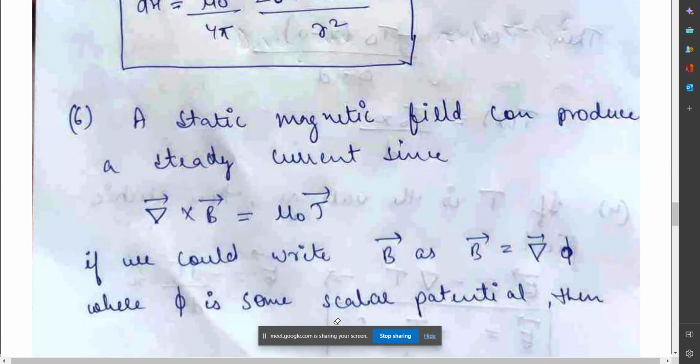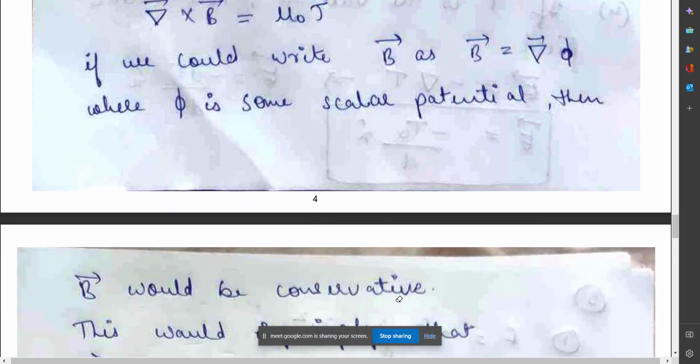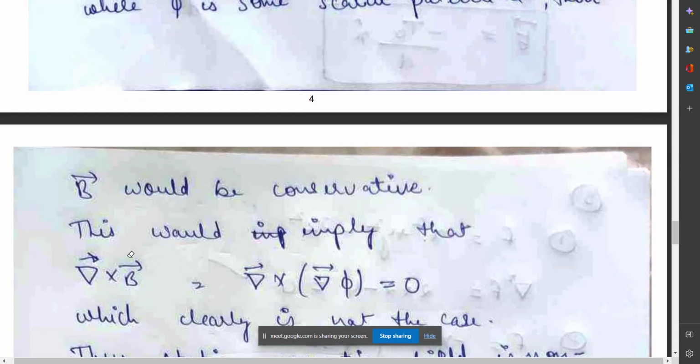So for question number 6, a static magnetic field can produce a steady current since del cross B will be mu naught J. If we could write B vector as the gradient of phi, where phi is a scalar potential, then B would be conservative. But this does not happen.